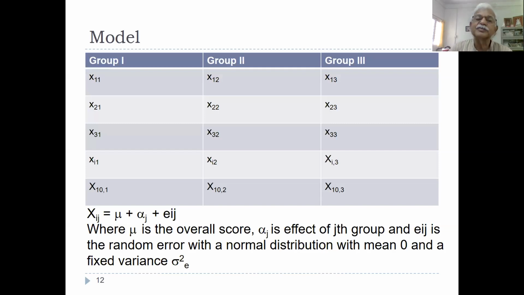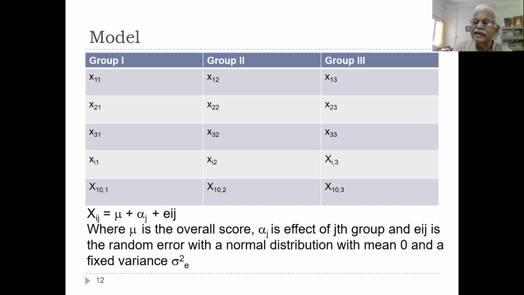Now that ith observation of the jth group depends on the overall mean, mu. It also depends on the effect of the jth group, alpha j, if there is an effect of that, plus Eij. Eij is a random term, and we assume that Eij follows a normal distribution with mean 0 and a fixed variance sigma square E. And this property of having a fixed variance is called homoscedasticity.